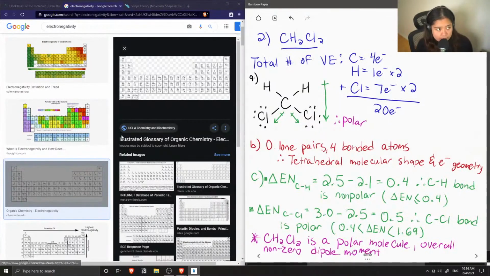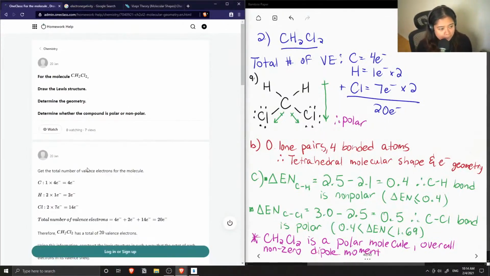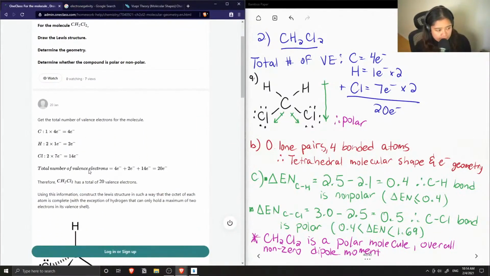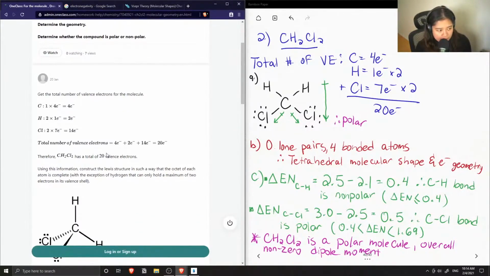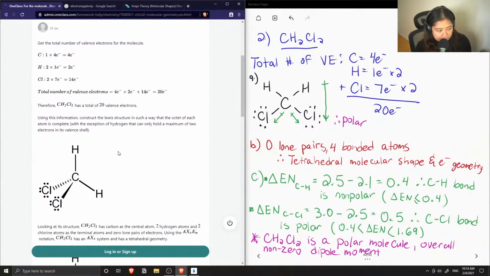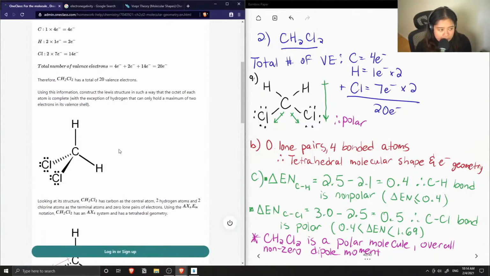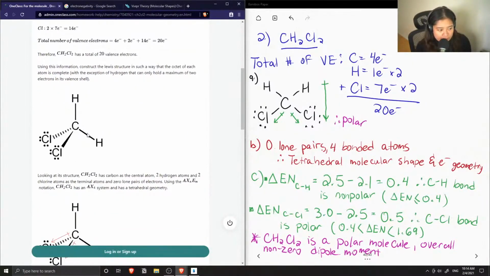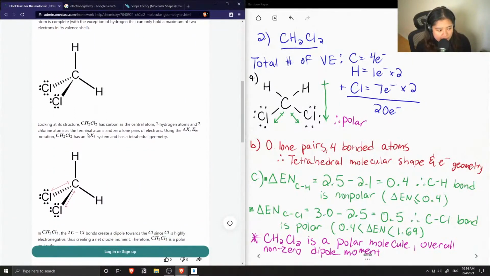Okay, so let's see what the junior tutor said. Get the total number of valence electrons for the molecule, so they also got 20. Using this information, construct a Lewis structure in such a way that the octet of each atom is complete. Okay, so they showed a 3D structure.